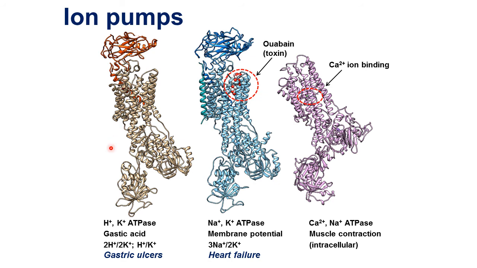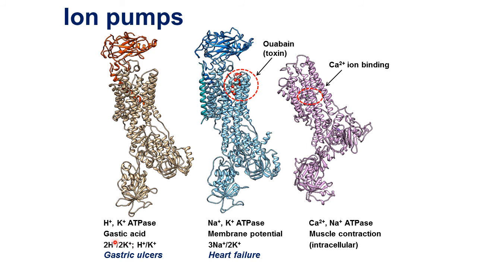So the gastric proton pump here is composed of two subunits, and it exchanges two protons for two potassium ions, or only a single proton for a single potassium, depending on the pH, per ATP hydrolyzed.